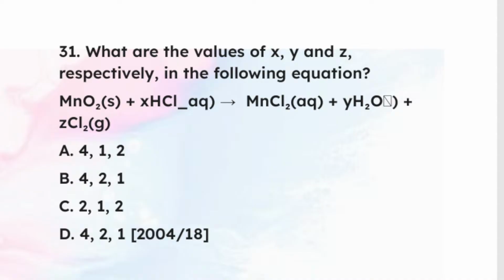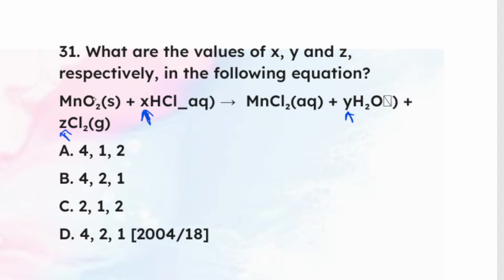We have an equation with manganese oxide and some amount of moles represented with x here, and x hydrochloric acid, and that gives you manganese chloride with y water and z chlorine.